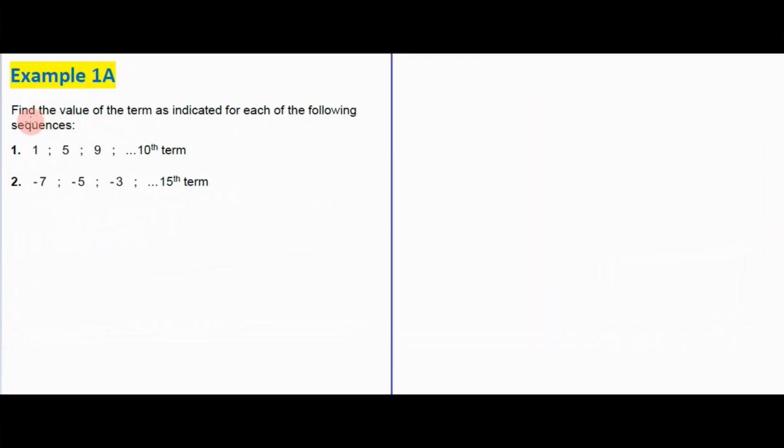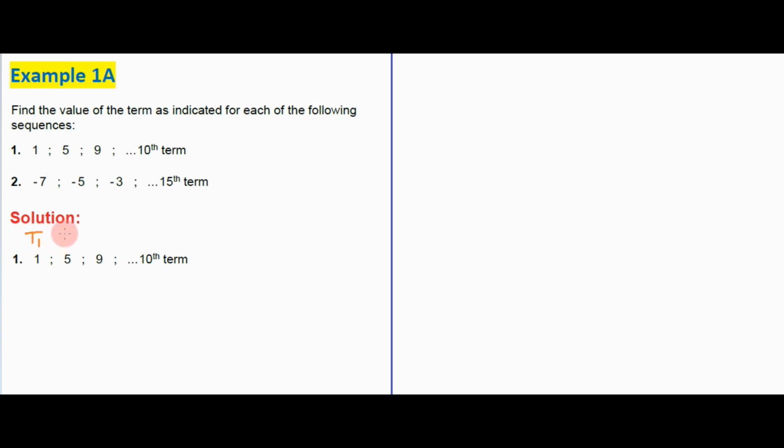So in this example it says, find the value of the term as indicated for each of the following sequences. And in the first one, we have the sequence 1, 5, 9, etc. And we must find the value of the 10th term. So let's do that. We can start by checking that this is an AP.